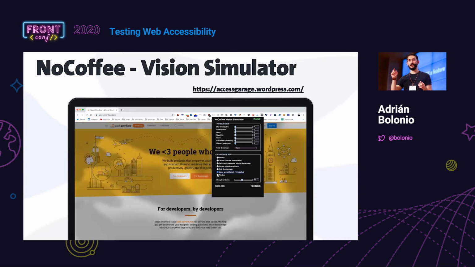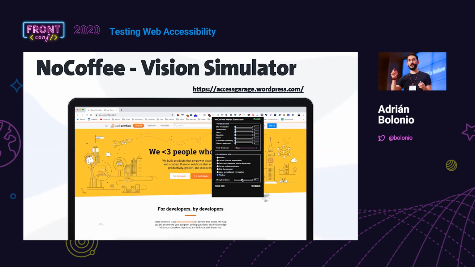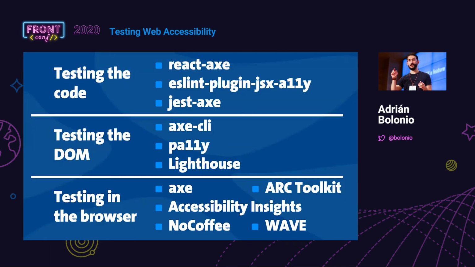Maybe some people have floaters, and you can set the size of the floater. So you can put yourself in the skin of those people. So those are mainly the tools that I use to test accessibility in my development process.